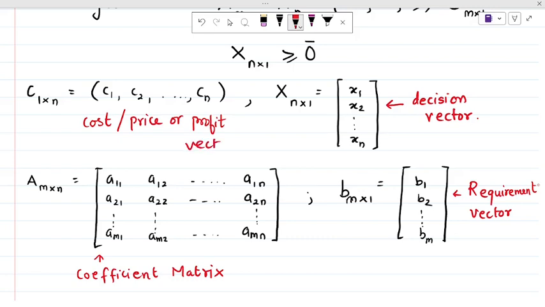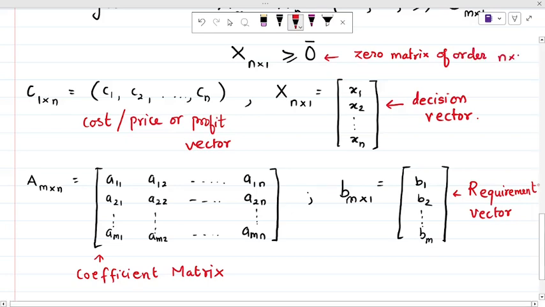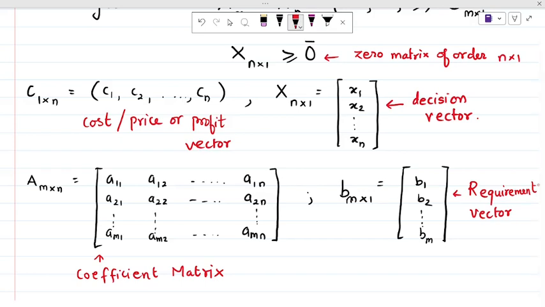There is no fixed name for this, it keeps changing from question to question. We generally call it the cost coefficients, but it is not a big problem. And the zero that you see is the zero matrix of order n cross 1. This is all the basic format that we need in order to understand the general form of the LPP.